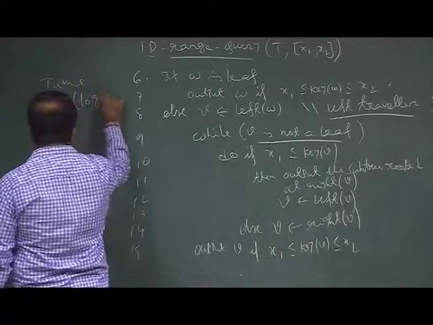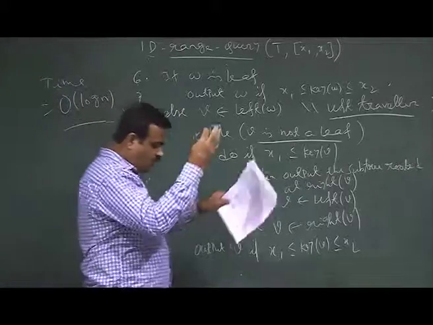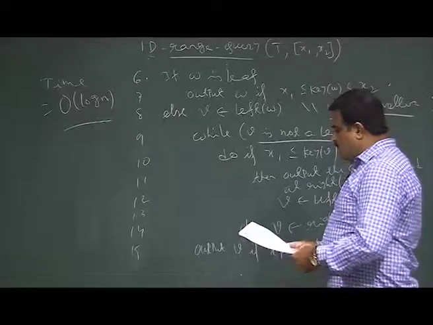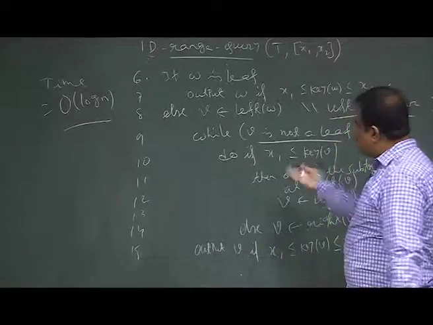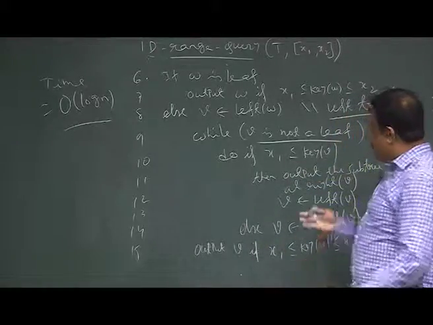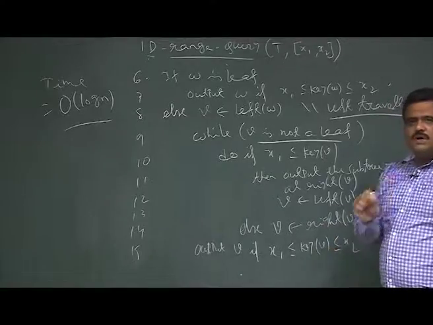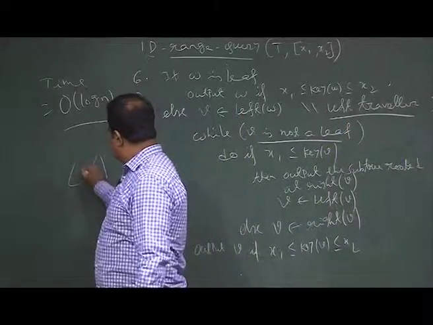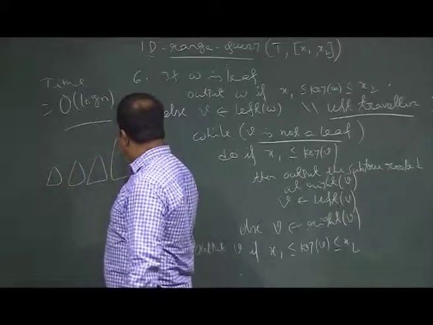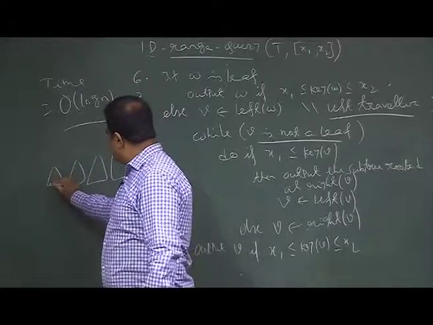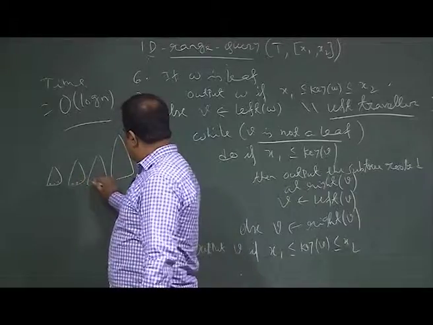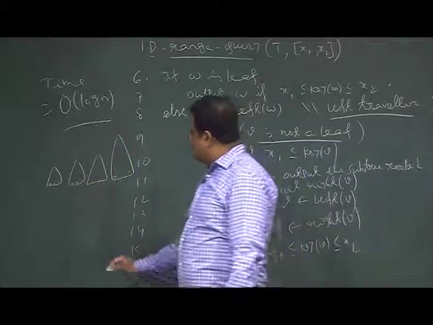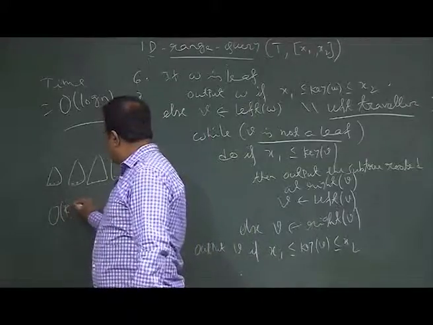Time is log n for this traversal to go from the root to the leaf. After getting the output, we are getting these trees like this. These leaves are the answer. To get these leaves, we need to spend order of k again.